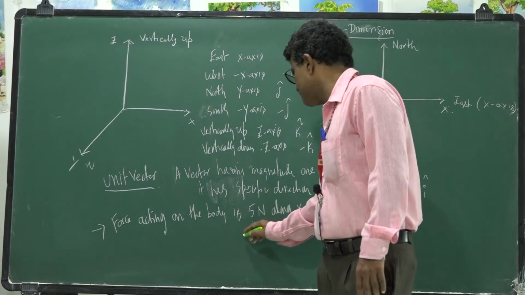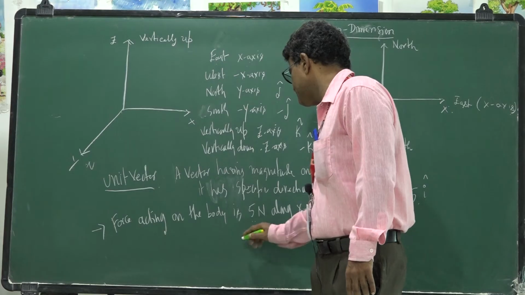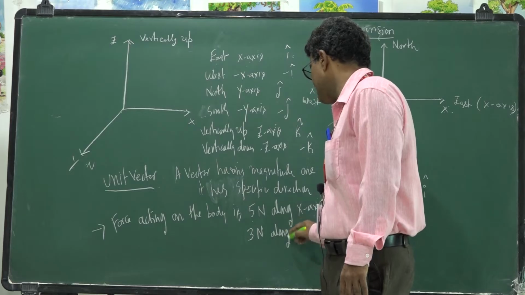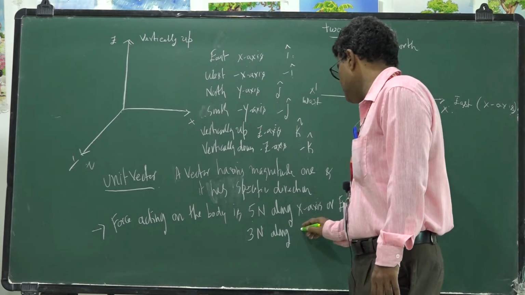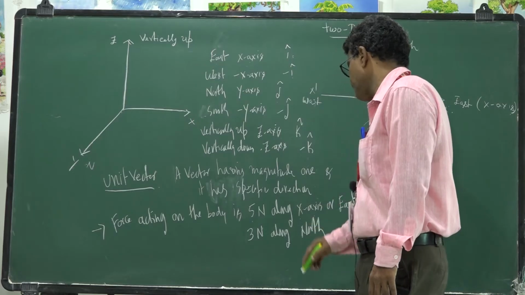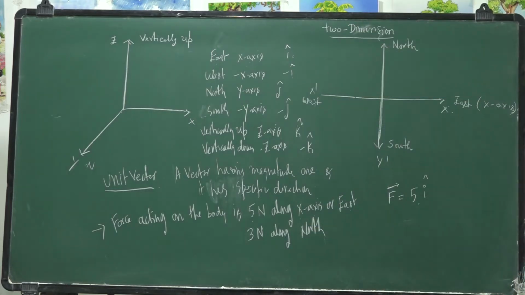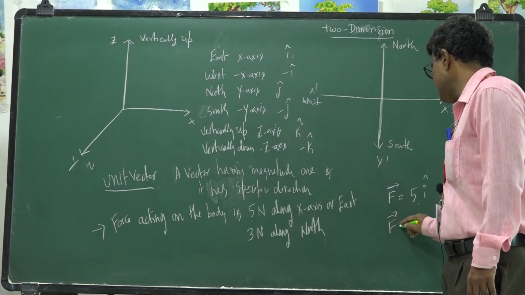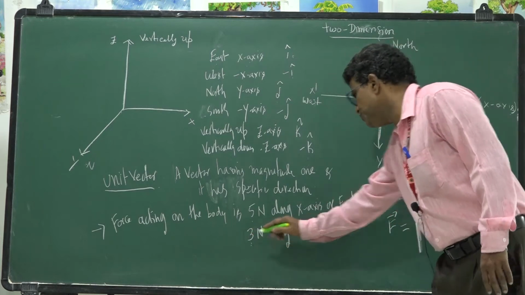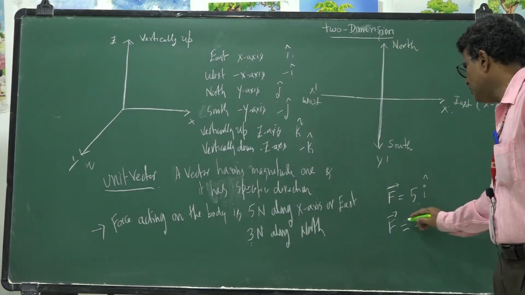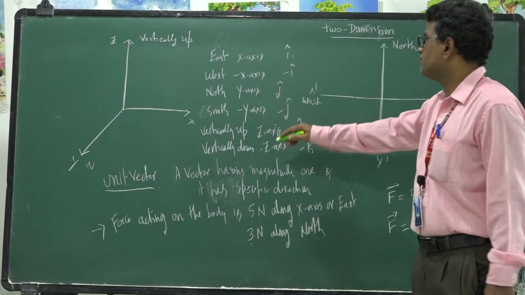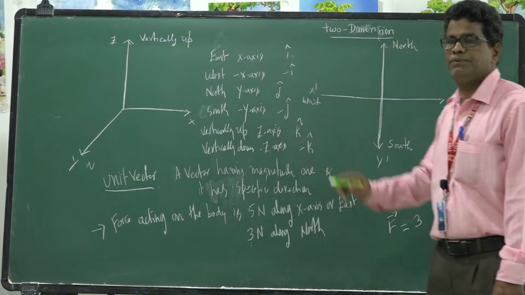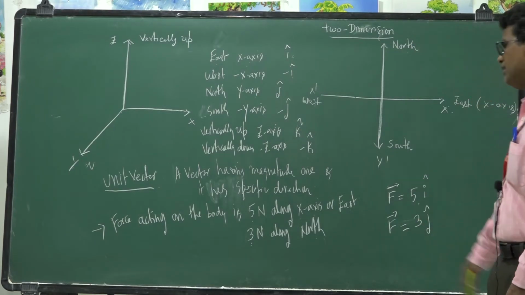Suppose a force acting on a body is 3 newtons along north. Then how do you represent it? F bar is equal to the magnitude 3 multiplied by the unit vector for north, and north is represented with j cap. So it is 3 j cap.